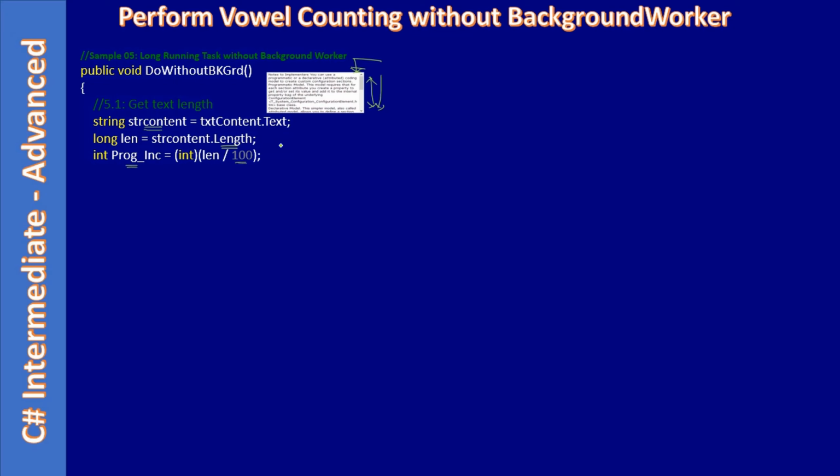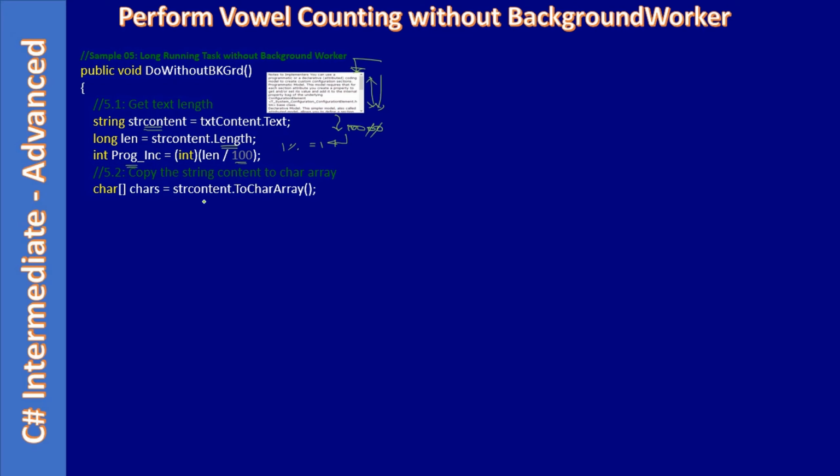This is 100, that means for 1% how many characters, that's what we are calculating here. For example, if the number of characters is 100, then the length 100 divided by 100 means 1% equals 1 character. If it is 10,000 characters, then 10,000 divided by 100 means 100 characters will yield 1%. So that's the progress increment, and we will use this when we report the progress later.